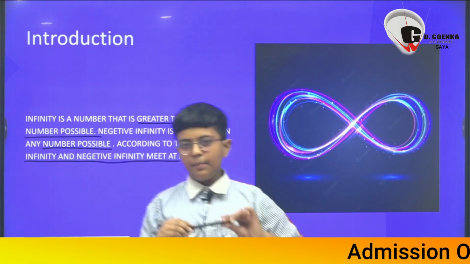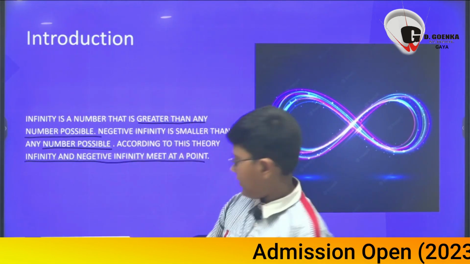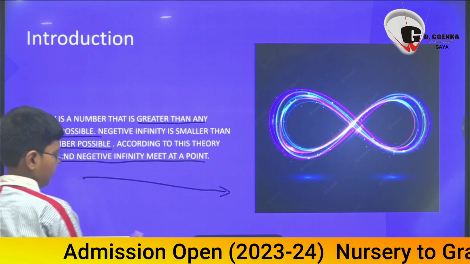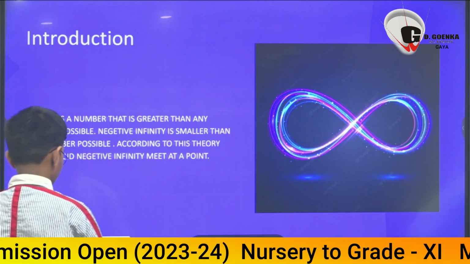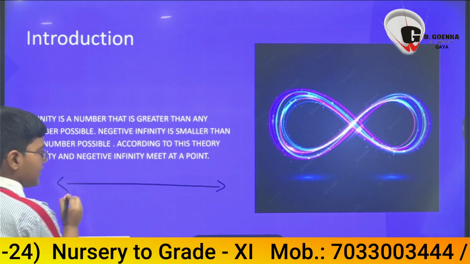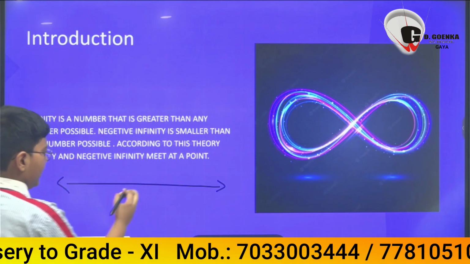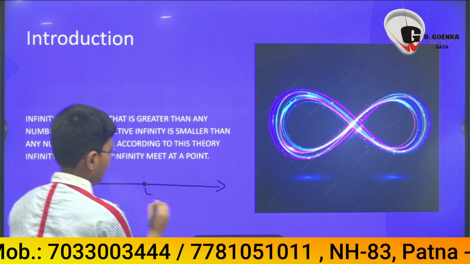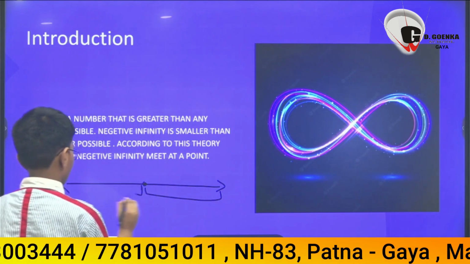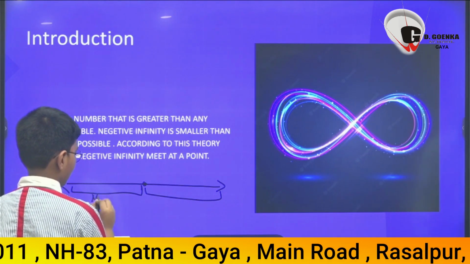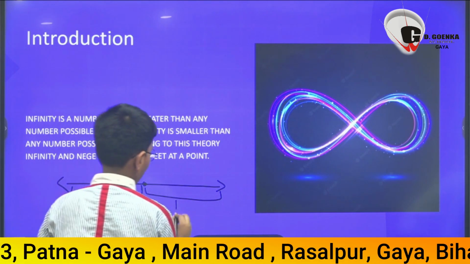Suppose it is a number line extending in both directions. We can say it is two rays, first ray, second ray. The left ray is negative and the right ray is positive.